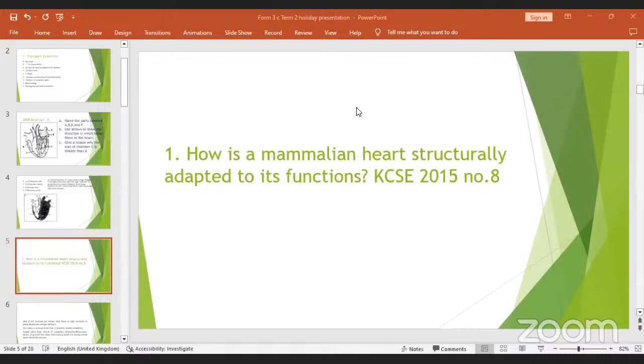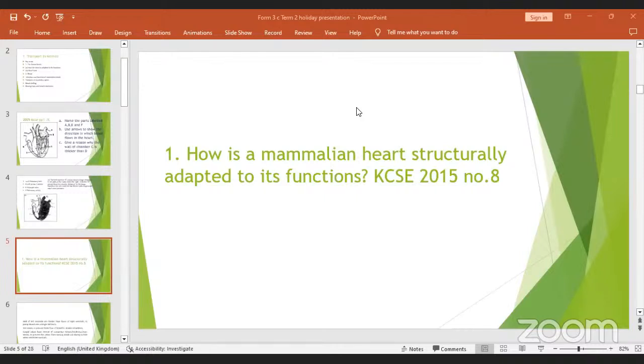You will also score by saying that the pericardium is surrounded by a thick layer of fat that cushions the heart against mechanical damage, or against shock.